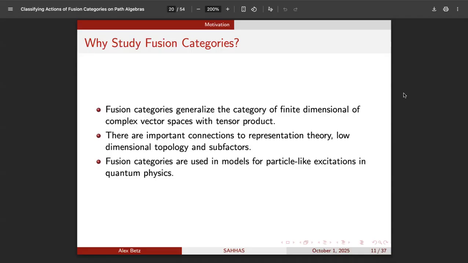And if you're interested in mathematical physics, you can use fusion categories in particle models for quantum physics. For example, my advisor and a bunch of other people are currently working on building quantum computers out of fusion categories, using models that come from fusion categories. For me, these are good enough motivations for why we should study them.